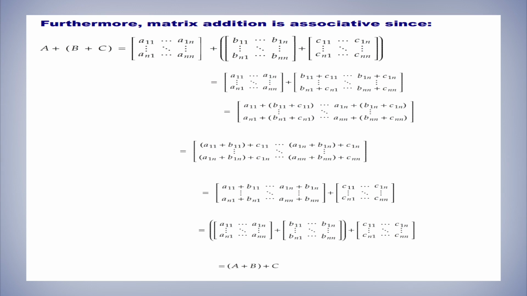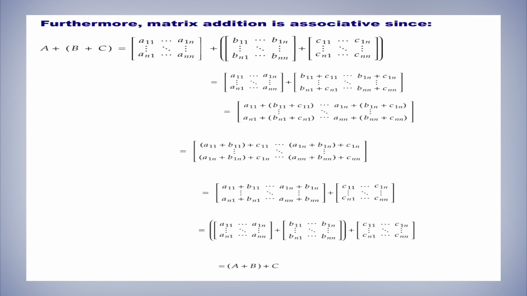So the C will be written as C11, C12 and so on C1n, like Cn1, Cn2 and so on Cnn. Now again we will separate A and B. So it will be written as A11, A12 and so on A1n, AN1, AN2 and so on ANN plus B11, B12 and so on B1n, like this Bn1, Bn2 and so on Bnn.